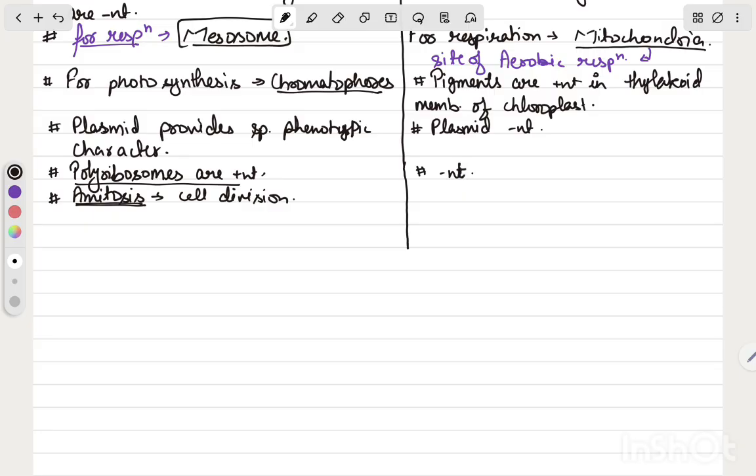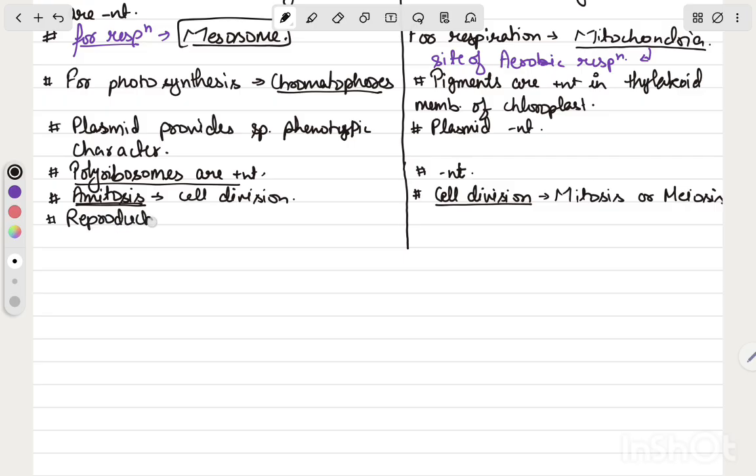We'll discuss these cell divisions in the next chapter. And in eukaryotes, type of cell division is mitosis or meiosis.